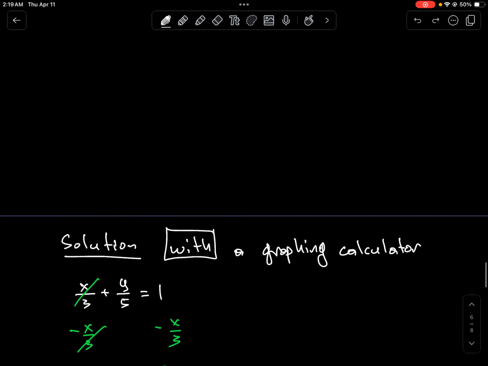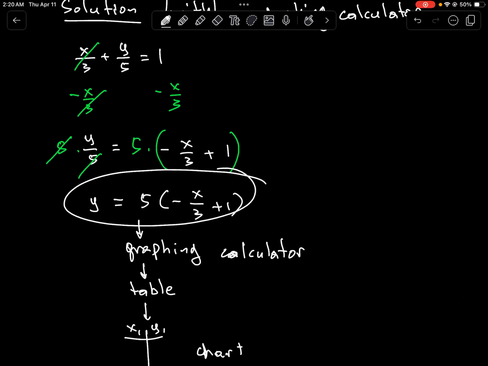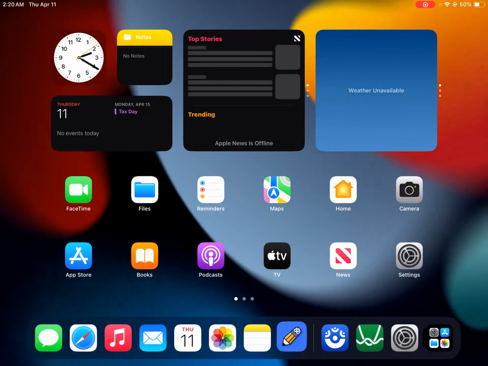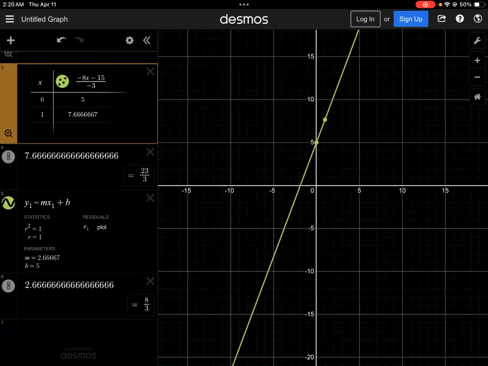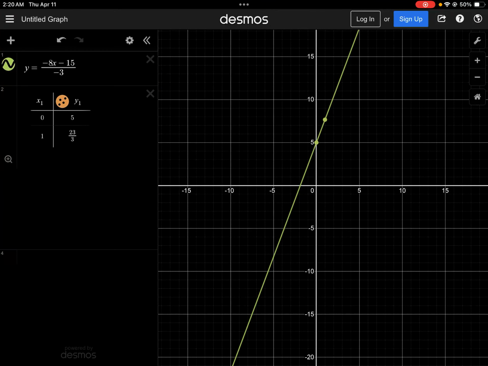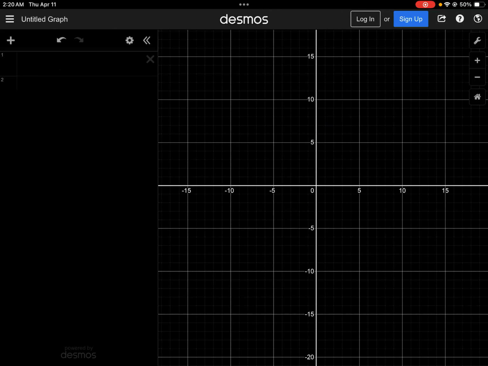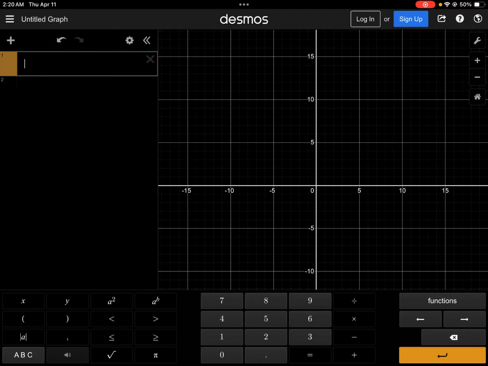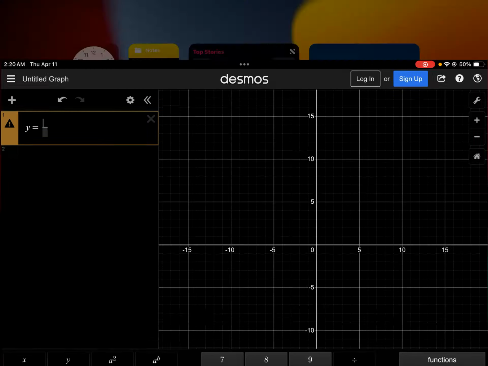Alright, let's go to my graphing calculator, and I will have to plug this in, which is 5 and negative x over 3 plus 1. Okay, let's do that. I have y equals fraction line.